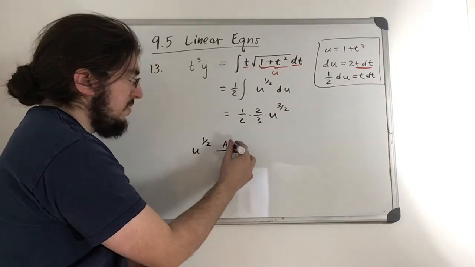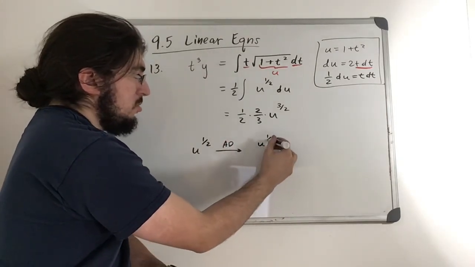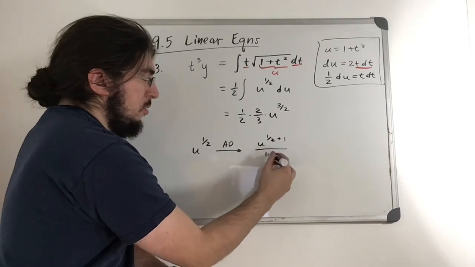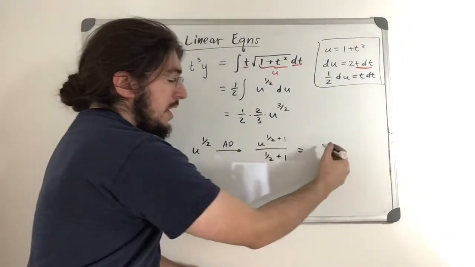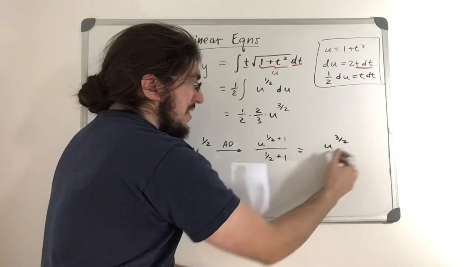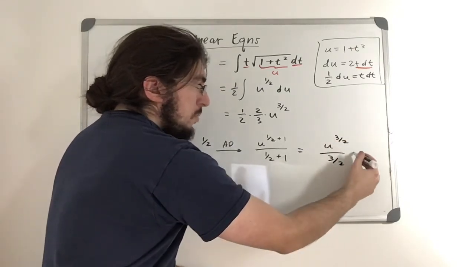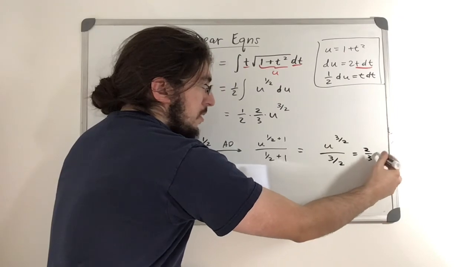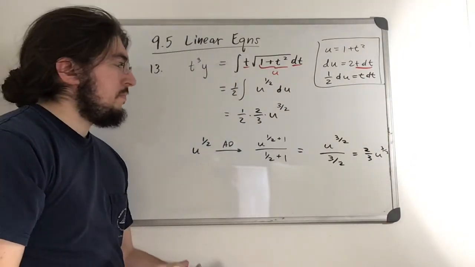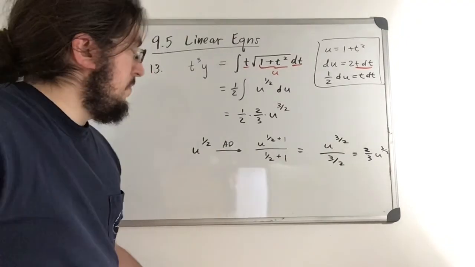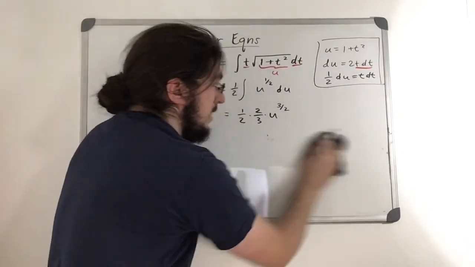The antiderivative of u to the 1/2 is u to the 1/2 plus 1 over 1/2 plus 1. All I'm doing is being a little more quick about it, writing 1/2 plus 1 as 3/2, and instead of dividing by 3/2, I'm just multiplying the top by the reciprocal of the bottom. But in any event, that's what we get there, and the 2's cancel.